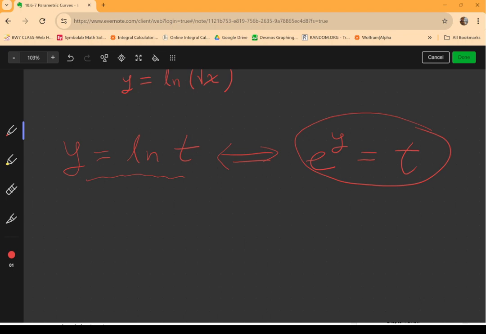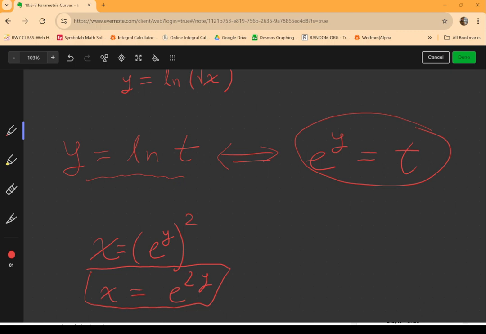That's the definition of a logarithm, natural logarithm, but really any logarithm: the result is some exponent. Now I can just plug this in for t. So x is equal to e to the y, squared, so x is equal to e to the 2y. And that is another way to do this.